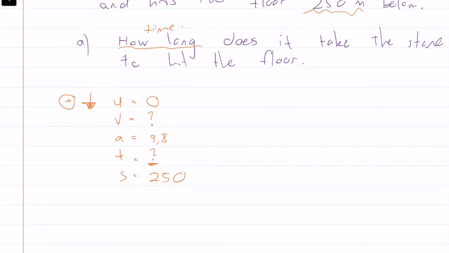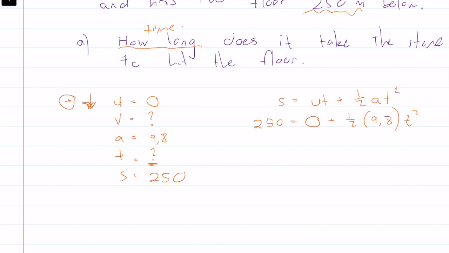So S equals UT plus a half AT squared. S is 250. U was equal to 0, so that entire term becomes 0. Plus a half, acceleration was 9,8, and T squared.